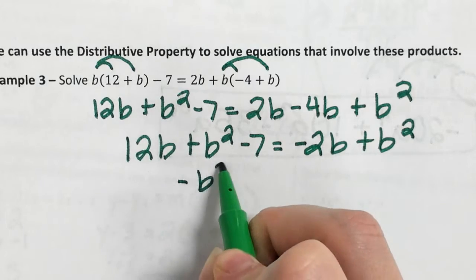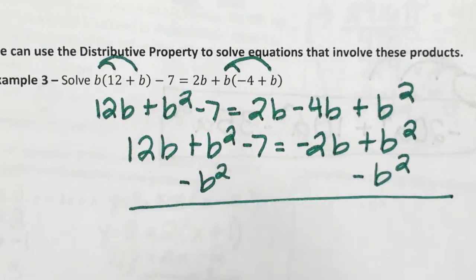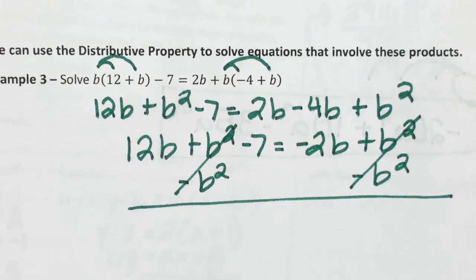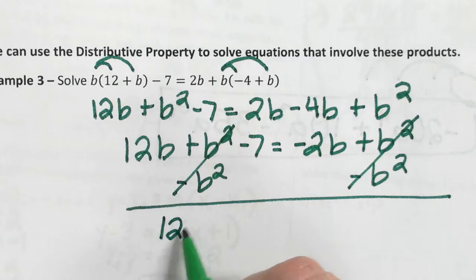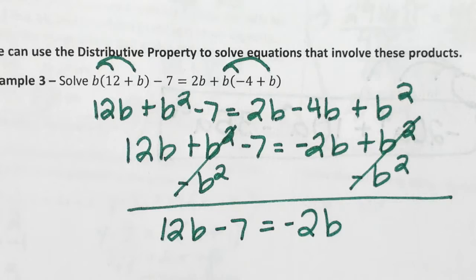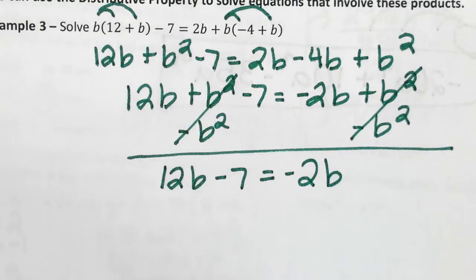But look what happens when I try to get the b squareds all on one side. They both cancel. That's going to happen every time right now. In a few weeks, we're going to get to where that doesn't happen. But for right now, this should happen every single time. So then you have 12b minus 7 equals negative 2b. And now from here, I think you should be able to solve it. But if this is not happening in your problems right now, then something is wrong.